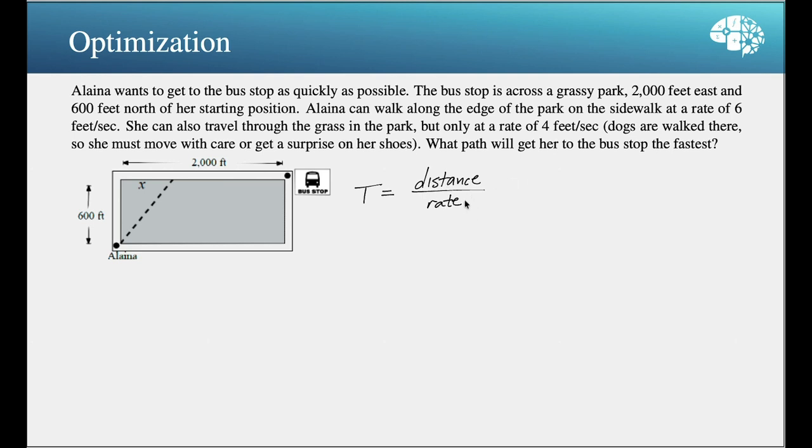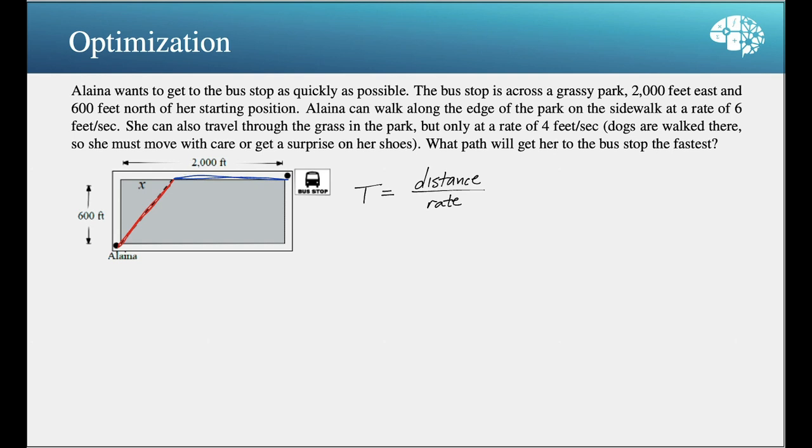And so we have two different distances with two different rates here. We've got the distance through the grass that has a rate of 4 feet per second. And then we've got the distance horizontally on the sidewalk, and that's really big, on the sidewalk, which is at a rate of 6 feet per second. So we're just going to add those two things together.